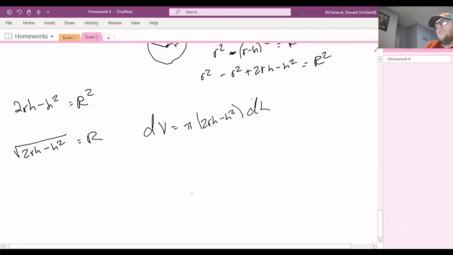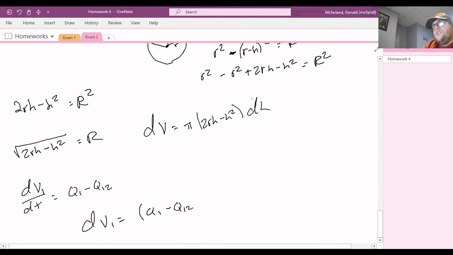So now we have our equation for relating volume to height, or the change in volume to the change in height. So if we look at how volume changes with time, what we can do is take the dt to this side of the equation, giving us dV1 equal to (Q1 minus Q12) dt.